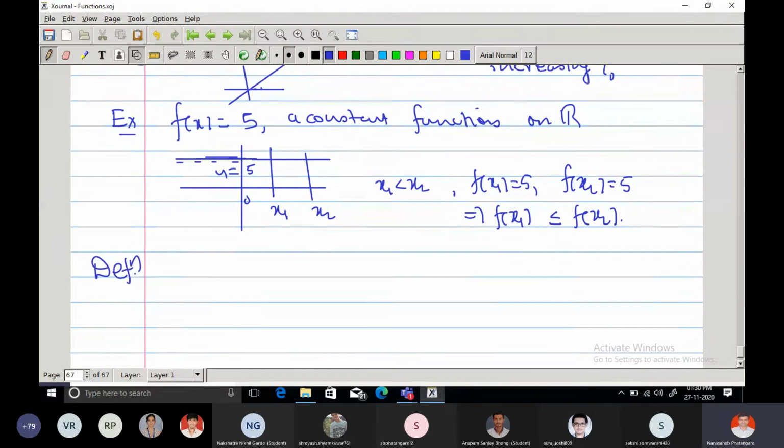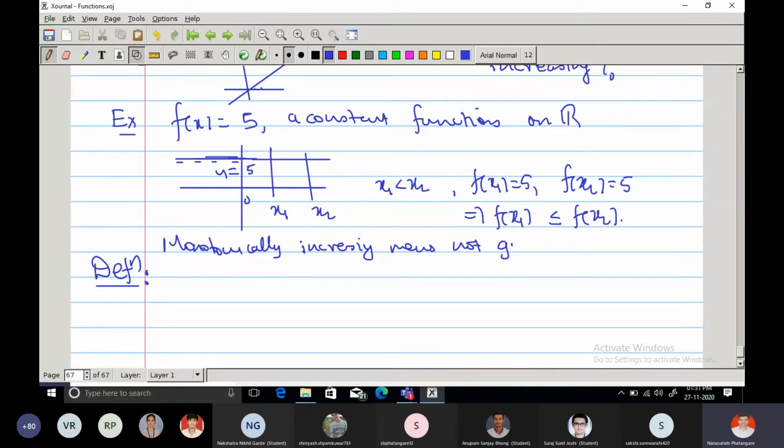Sir, what is the meaning of the word monotonically, as we said, monotonically increasing? Monotonically means either it is going up or remains constant. It is not going down. Monotonically increasing means not going down.